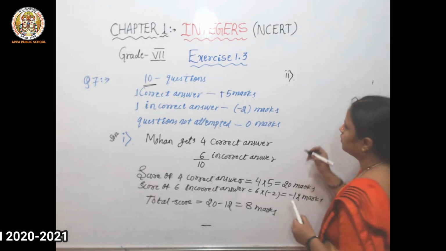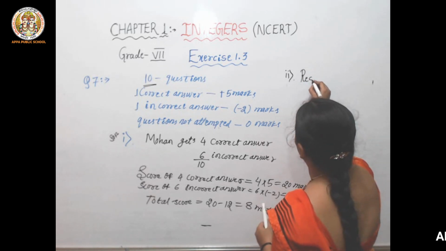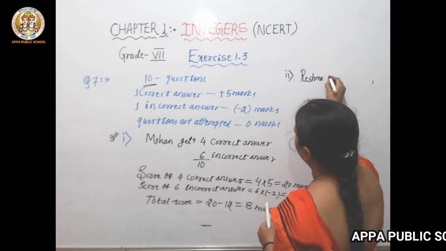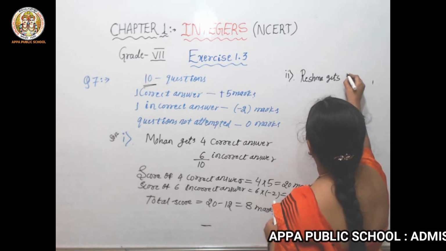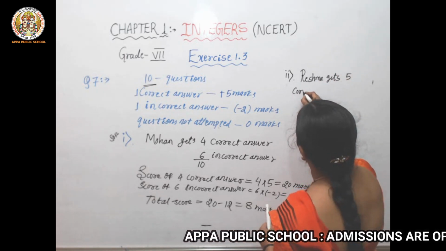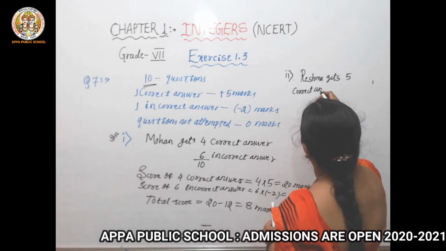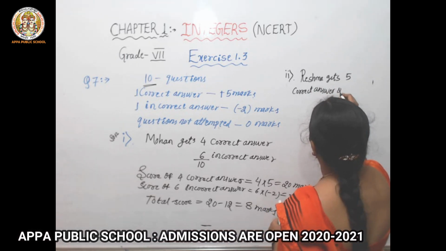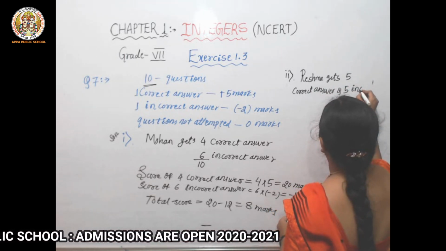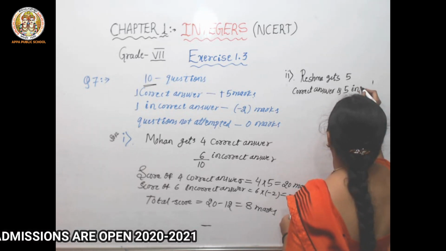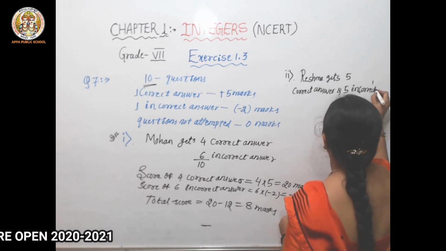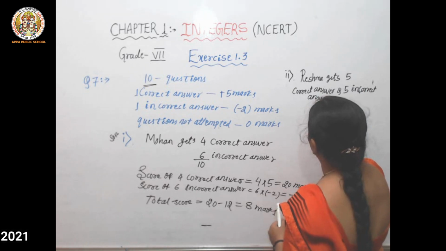The next person is Reshma. Reshma gets 5 correct answers and 5 incorrect answers. So 5 plus 5 is 10.